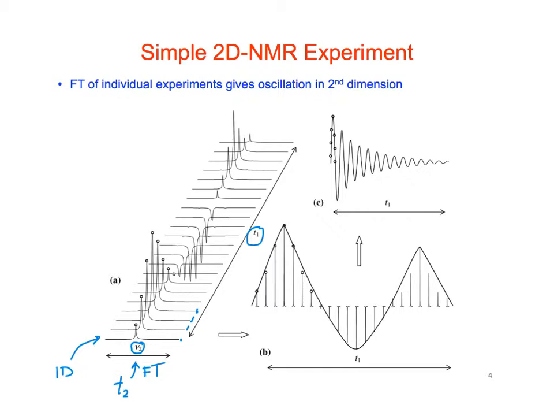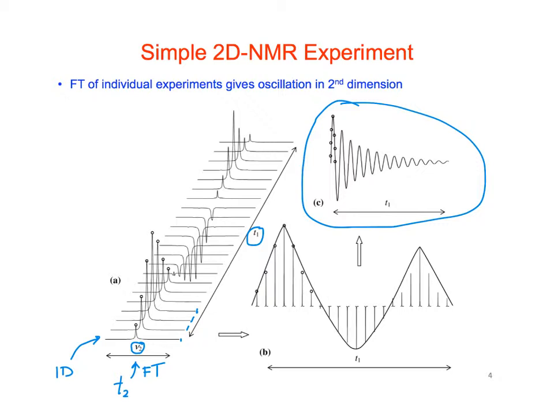So we have our small signal here, and then it gets bigger, goes through a peak, and goes back down and up, and so we have this oscillating signal, which, if we add in relaxation and everything, gives us something that looks like this. But these are just the data points from the intensities of the peak in the one-dimensional experiment.